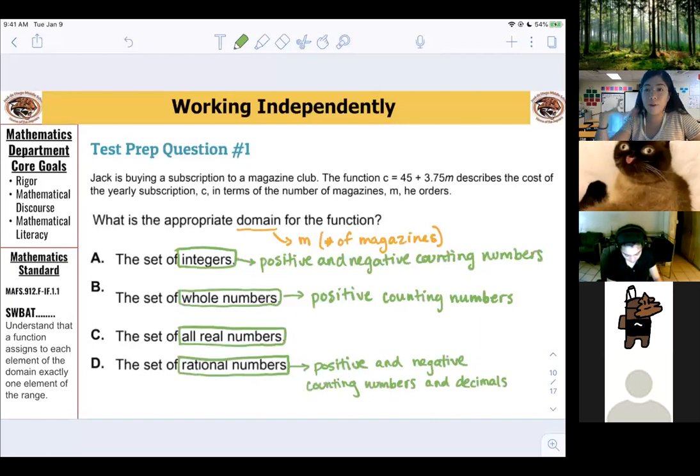So now we are including decimals. And remember that decimals are the same as fractions. So rational numbers are all of the whole numbers, all of the integers, and then in addition to that, they also include all of the decimals.